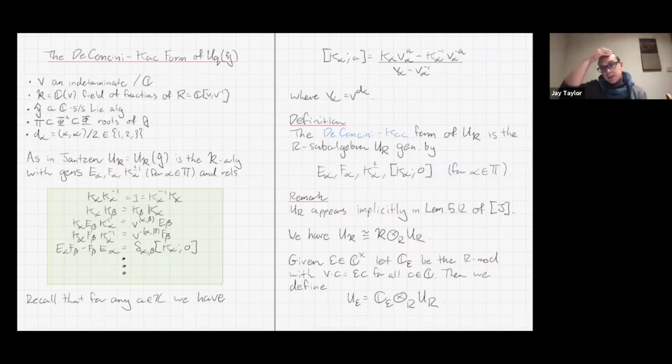Okay, so this is just a C algebra where my parameter now is considered as a root of unity.